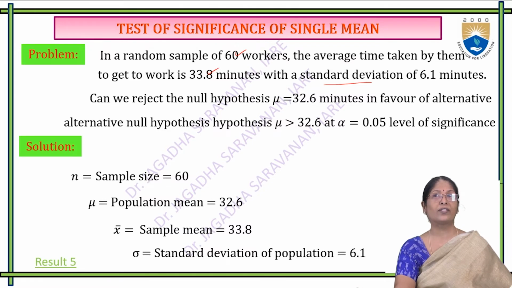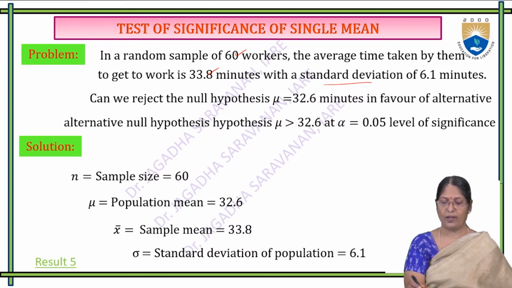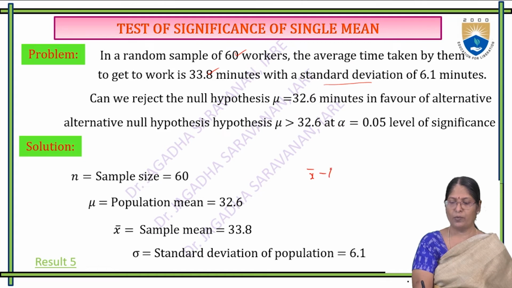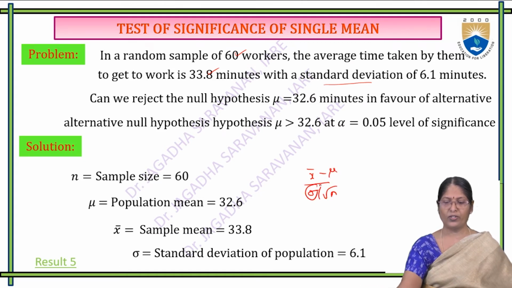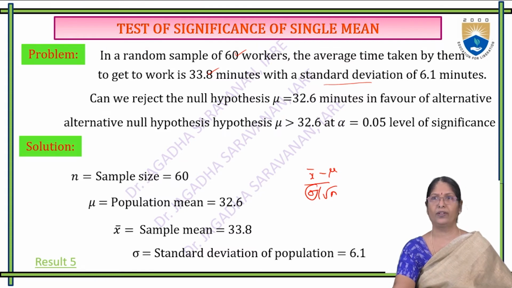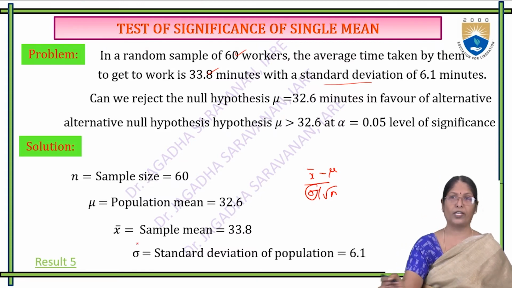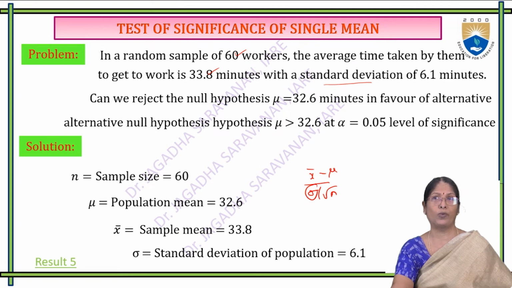But the test statistic is x bar minus mu divided by sigma by root n. Sigma is not given in this problem, so why did we write sigma here? In such problems, if sigma is not given, we can take the sample standard deviation as sigma.